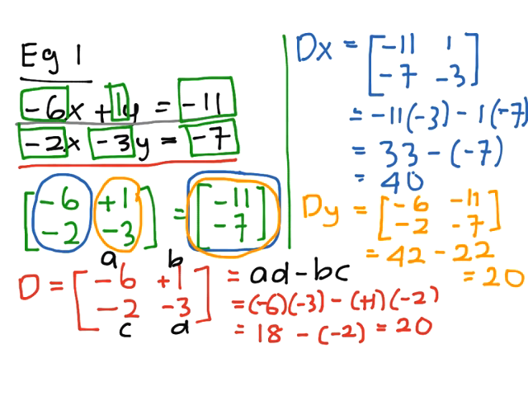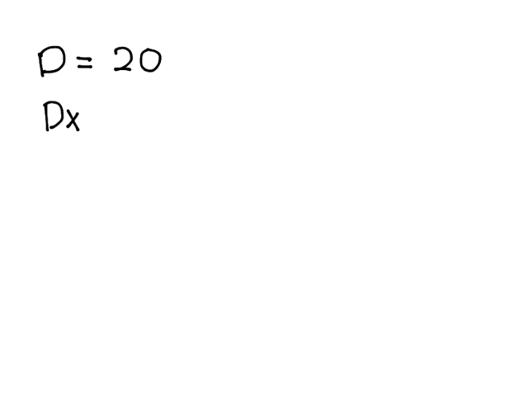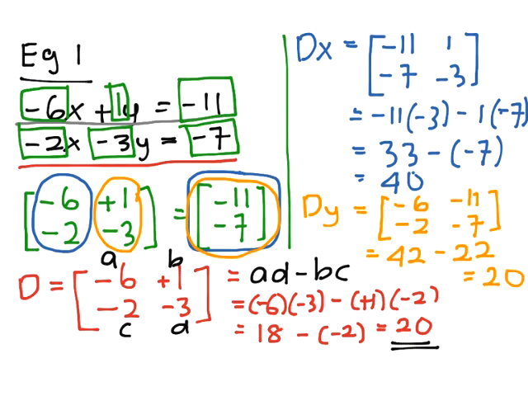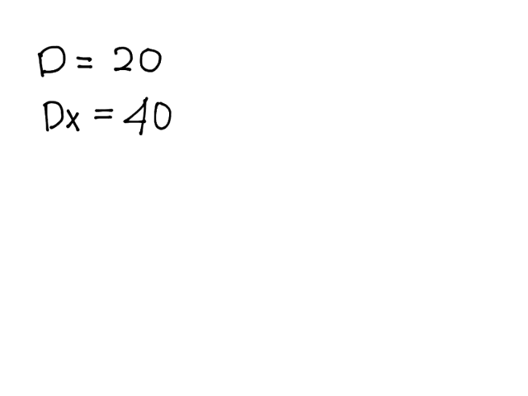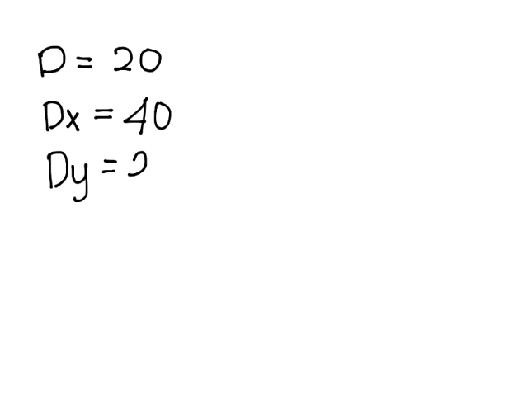After we have all these D, dx and dy, we know that our D value is 20, our dx value is 40, which we calculated just now, and our dy is 20.